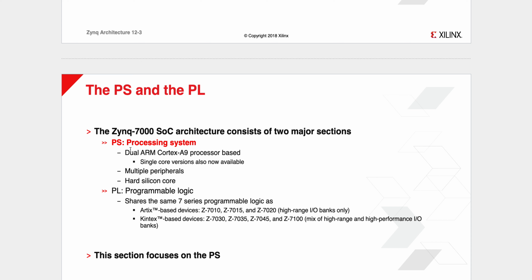This means that this programmable logic can be programmed using languages like VHDL or Verilog to allow custom hardware implementation. So the programmable logic, which is also known as PL, contains a reconfigurable FPGA.